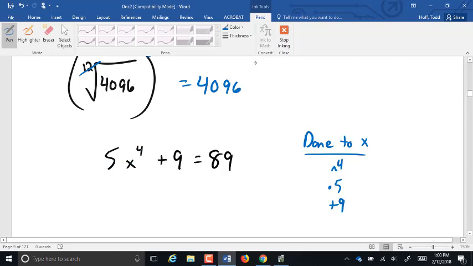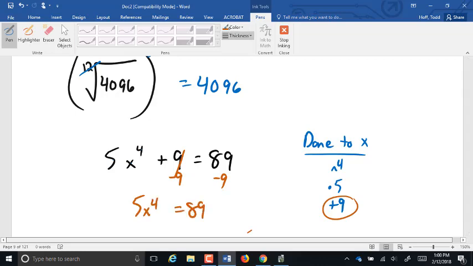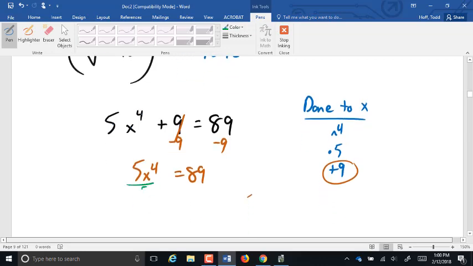Remember, when we solve an equation, we're taking it apart. And when you take it apart, the first piece that comes off is the last piece that was put on. So the first piece we remove is the adding 9. We do that by subtracting 9. 5x to the 4th equals 89. And then, divide by 5.